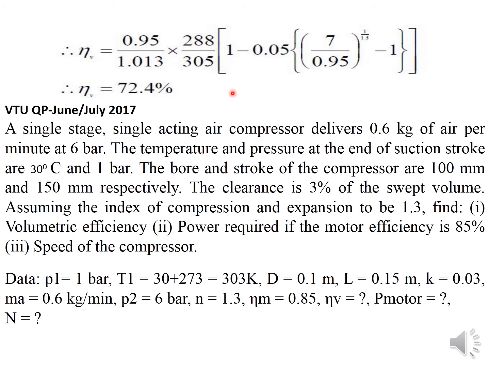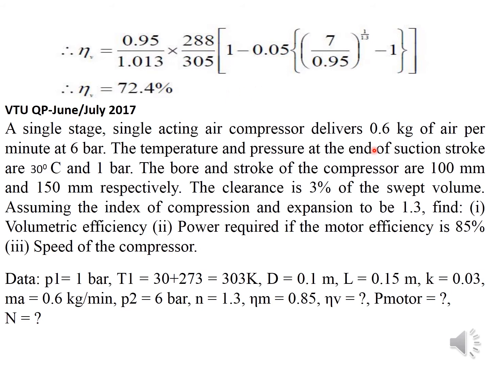Next, one more problem we will solve, which was asked in the VTU question paper June July 2017. A single stage single acting air compressor delivers 0.6 kg of air per minute at 6 bar.